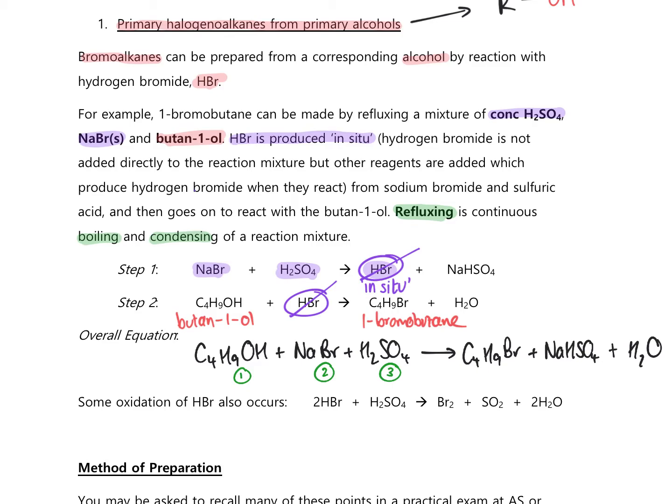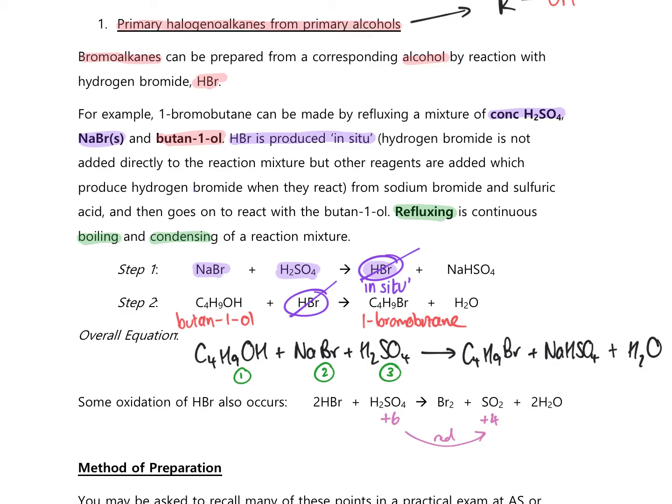As we said, some oxidation of our hydrogen bromide will also occur. So remember, we talked about in our halogens topic how that bromide ion is a good enough reducing agent that it can reduce our sulfur within our sulfuric acid from +6 in sulfuric acid to +4 within our sulfur dioxide on the right hand side. So that is reduction.